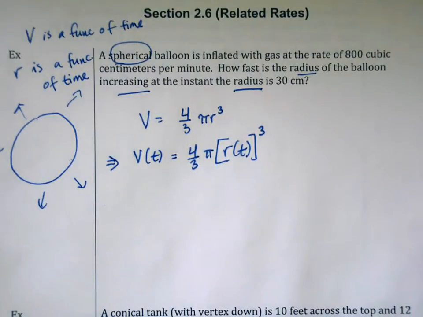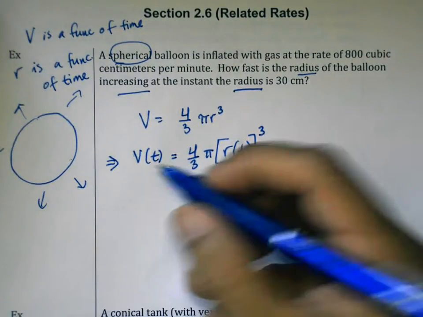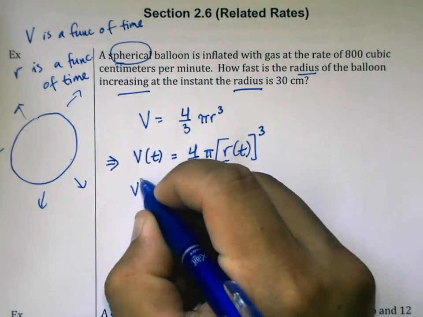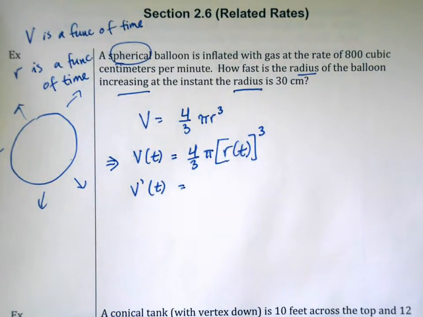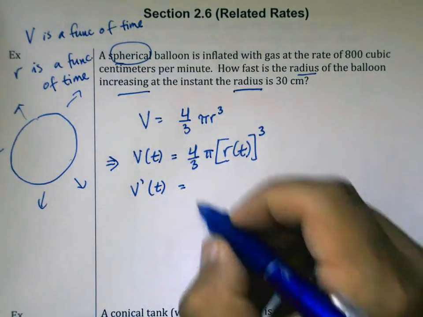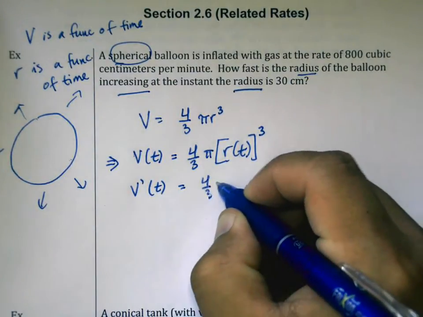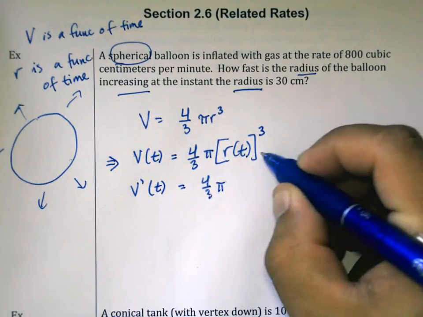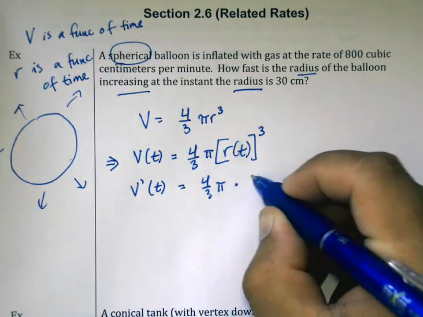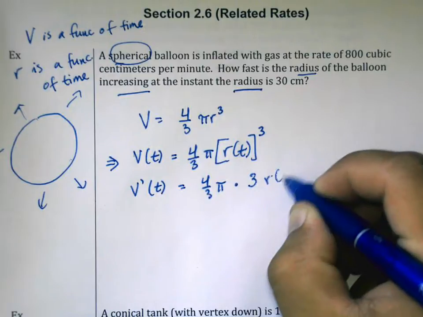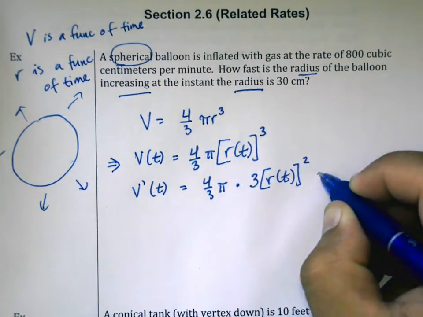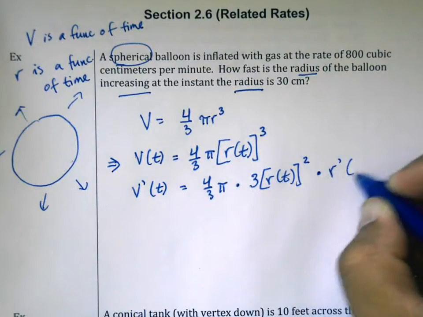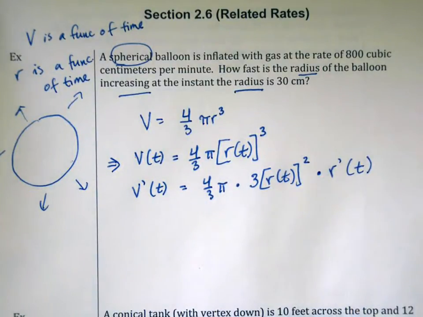And now we can take the derivative with respect to t. So we can say that V prime of t, the derivative with respect to t, I said V, I really meant t, is equal to 4/3 pi, and here we're going to apply the chain rule, times 3 r of t squared times r prime of t.